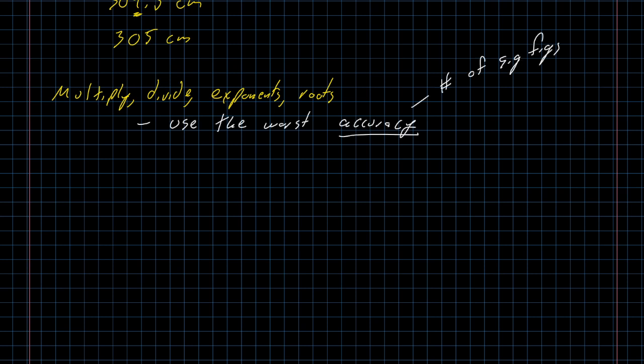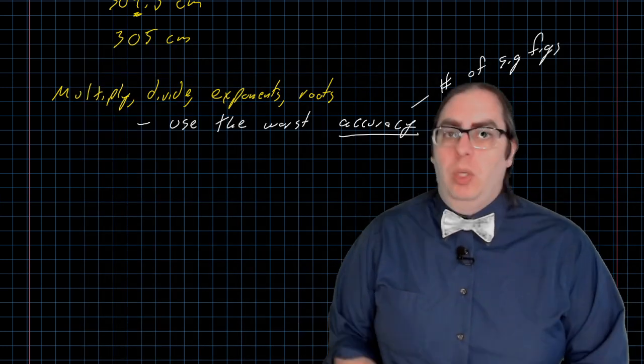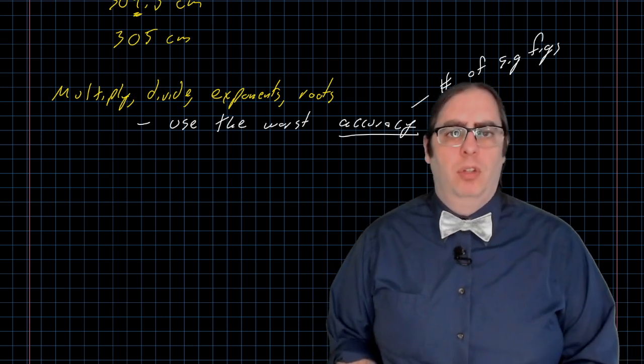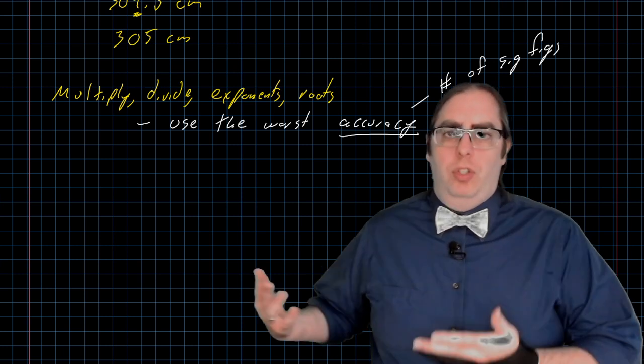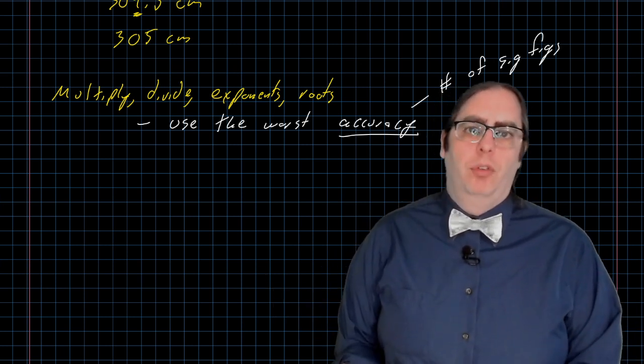When we're doing basically any other operation, multiplying, dividing, exponents, or roots, we have a bit of a problem with precision, right? If you are looking for, say, the rate of speed that you get by dividing the distance you've traveled by the amount of time that it takes, well, the distance that your car has driven is measured in miles or in kilometers.